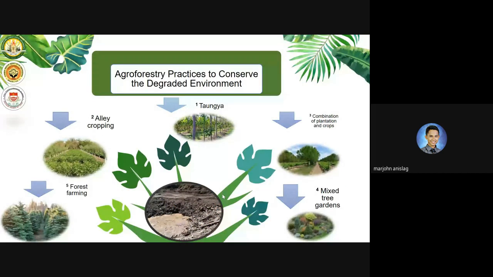Agroforestry is a science and farming system in which forestry practices and agricultural practices are joined together, such as planting high-value trees and shrub species, plus planting annual crops on a parcel of land.